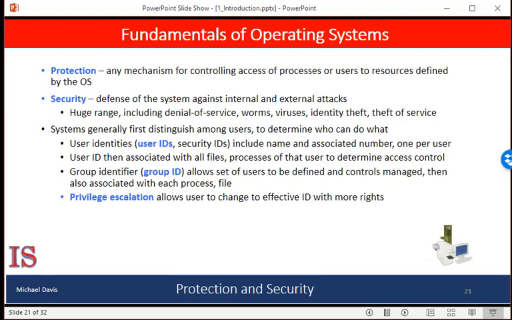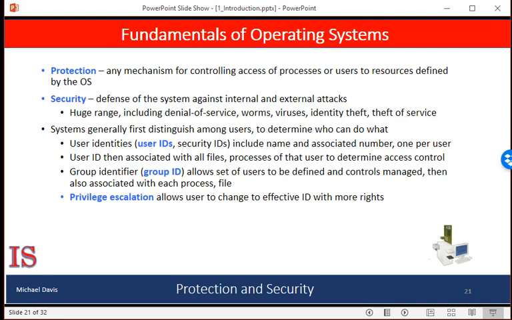Such attacks include viruses, worms, denial of service attacks, identity theft, and theft of service. Prevention of some of these attacks is considered an operating system function on some machines, while other systems leave it to user policies and other software, like my Norton. Due to the alarming rise of security incidents, operating system security features are a fast-growing area of research and implementation.